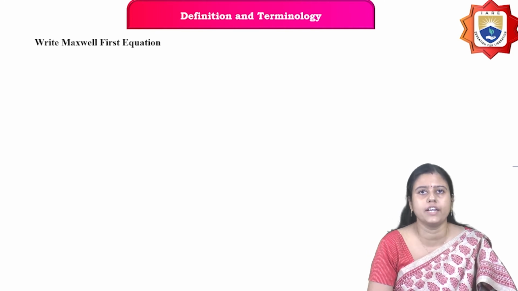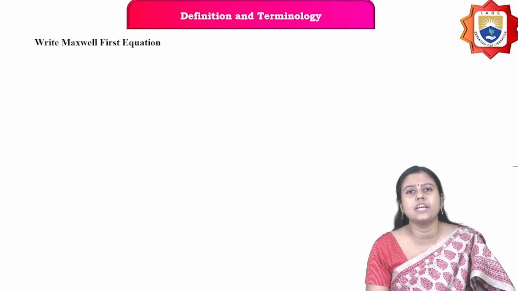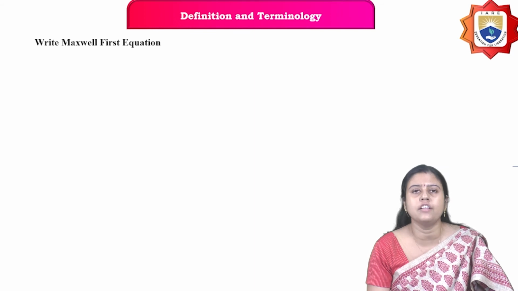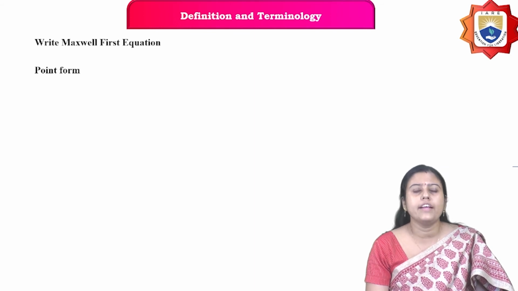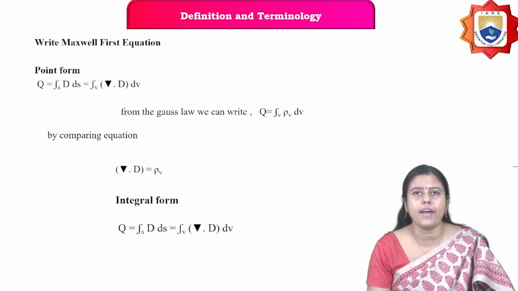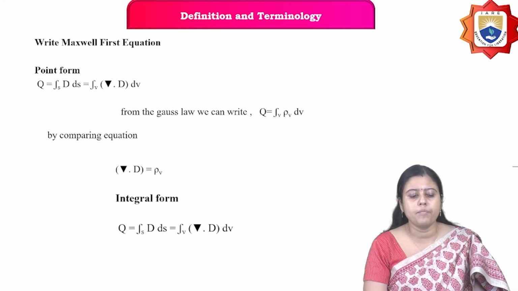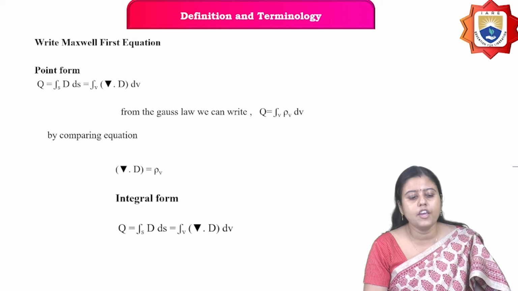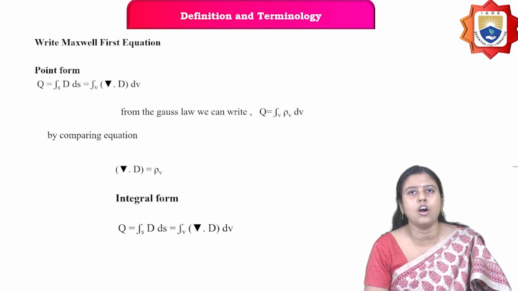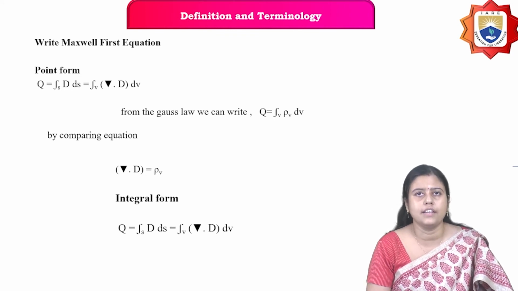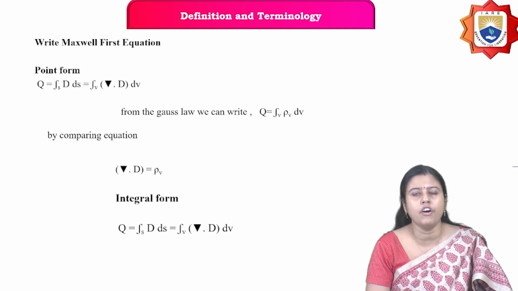Next important definition of this chapter is Maxwell's first equation. Maxwell's first equation is basically derived from the Gauss law. It has two parts: one is point form, another one is the integral form. From the Gauss law we know Q is equal to the integral of D dot ds, equal to the integral of grad dot D dv.